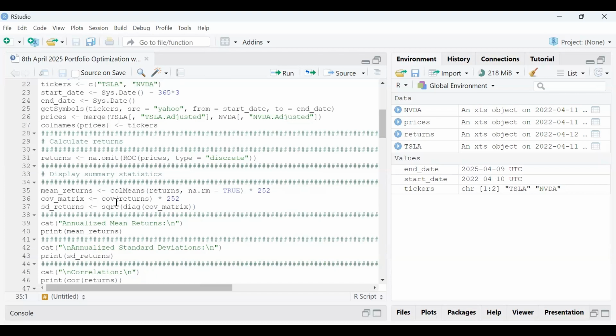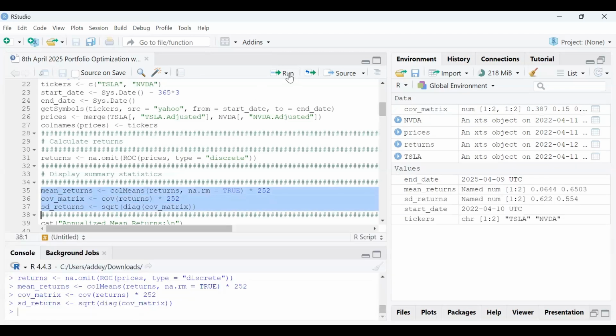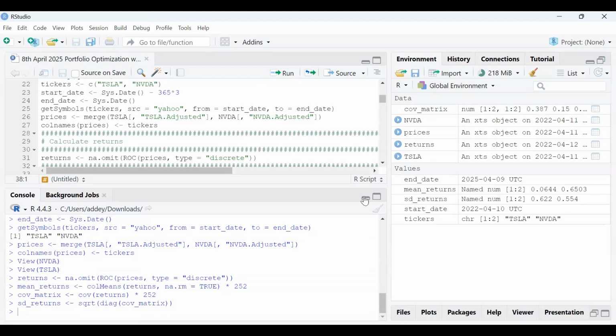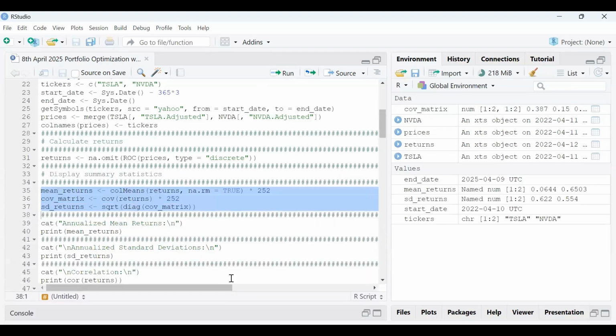Then again, I compute the covariance matrix, and then I take the standard deviation. I get the standard deviation of returns by taking the square root of the diagonal elements of my covariance matrix. So that's what I do here. So I run that, and then I have that also there.